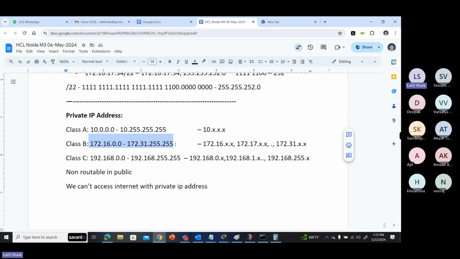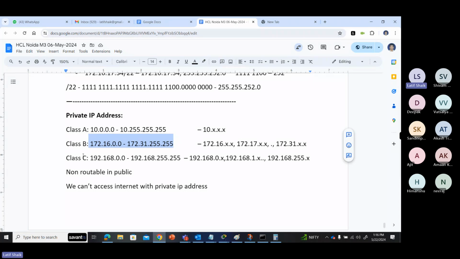The 172.16 network, 172.17, 172.18, 172.19, like that up to 172.31. These are all private networks. If you use 172.32, again it is public, and you require a license for that. 172.15, again you require a public license. But 16, 17, 18, 19 up to 31, these are all private IP addresses only.